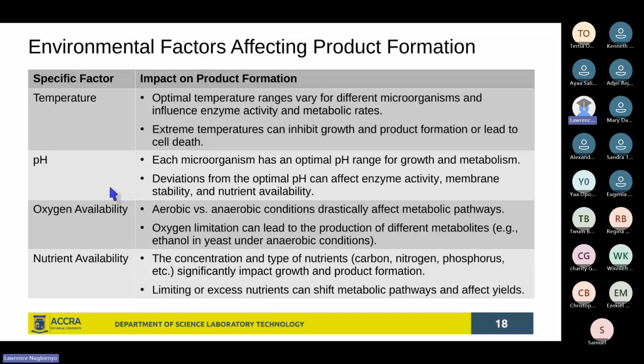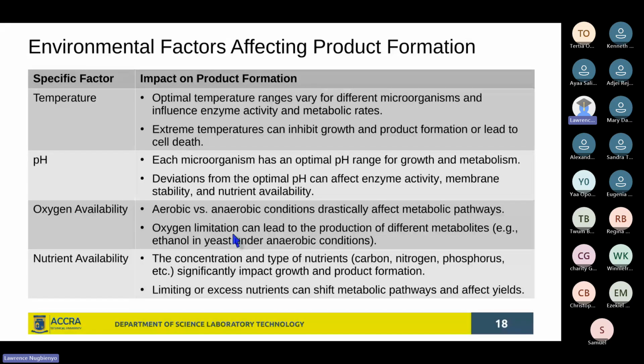Then there is one other thing which is specific to this industrial process, which is oxygen availability. This is in terms of the reaction which you are running. Is it aerobic or anaerobic? Which product are you producing? If you're producing ethanol, for instance, and you have too much oxygen entering the system, obviously you are not going to produce ethanol.